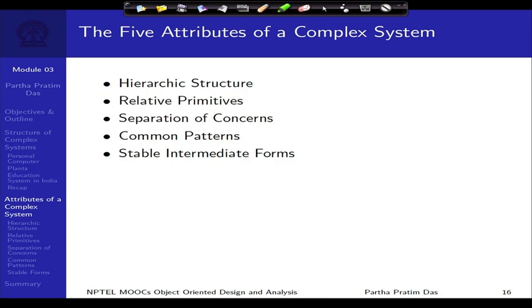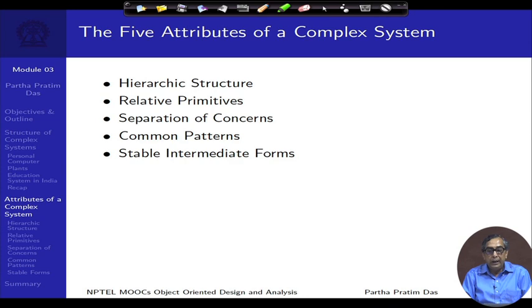Now, what is a primitive and what is not a primitive is a subjective decision. There will be strong separation of concerns between these components. Across domains, there are similarities, so there are common patterns that happen across domains. The whole development of such complex systems has to happen through an iterative refinement process, so at every stage we will need certain intermediate forms.